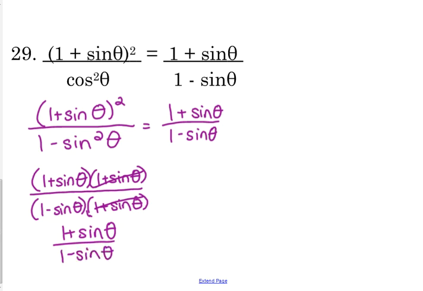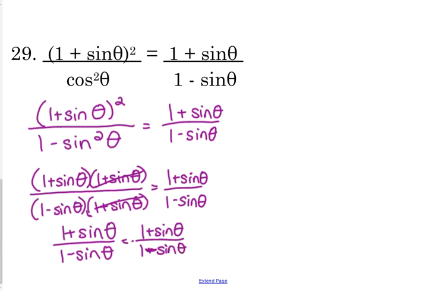Okay, now let me show you how we could go the other way. Because sometimes you can do that. Sometimes you could work on either side. I mean, you can't work on both sides at the same time, but sometimes you can do either one.